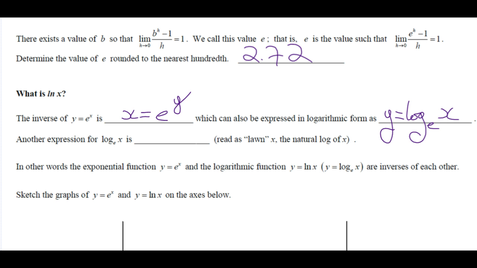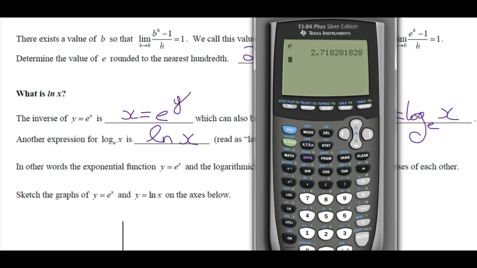Another expression for log base e of x is ln of x, which is read as ln x or the natural log. Okay, so it's used a lot. It's on your calculator. See, ln, right below log.